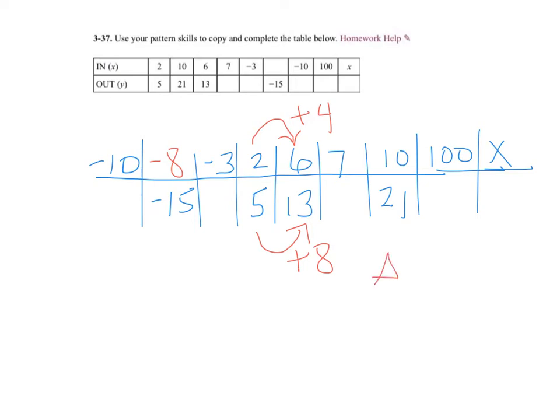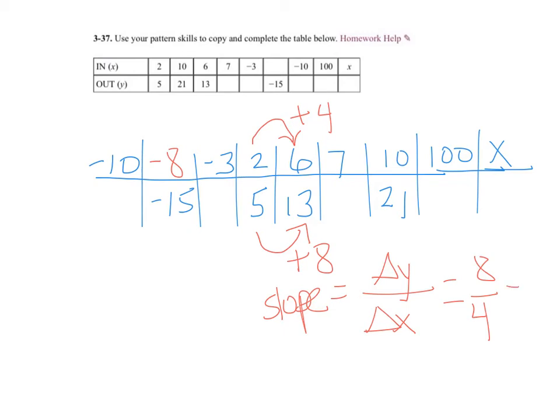And this becomes an algebra concept called slope, which is the change in y over the change in x. And we use these triangles. These are actually the Greek letter delta. And this is showing the change in y, which is 8, over the change in x, which is 4. And this is showing a rate. So the 8 is going up for every 4.